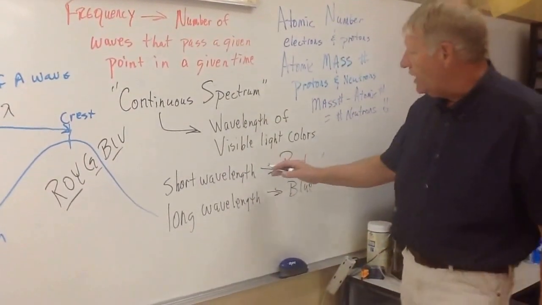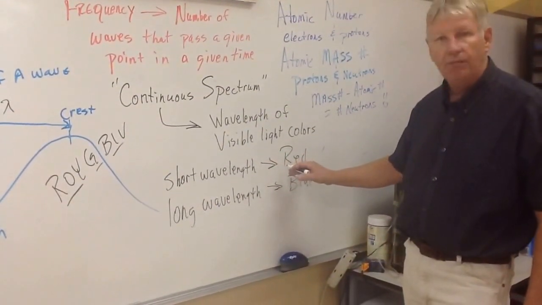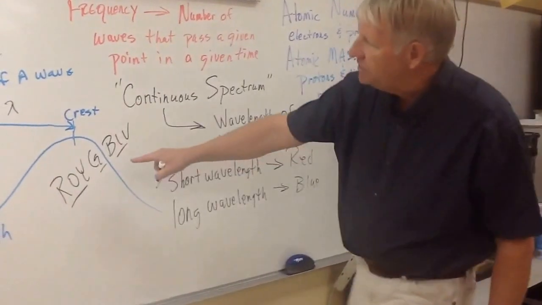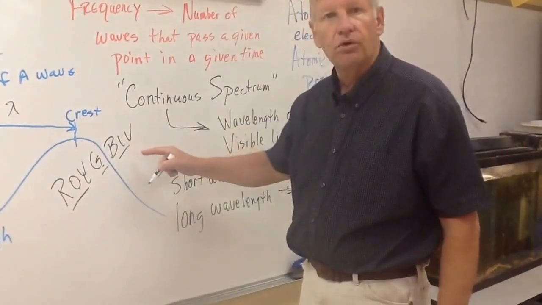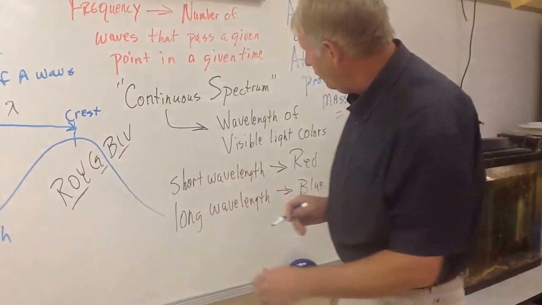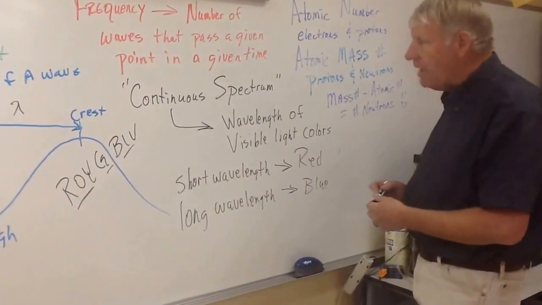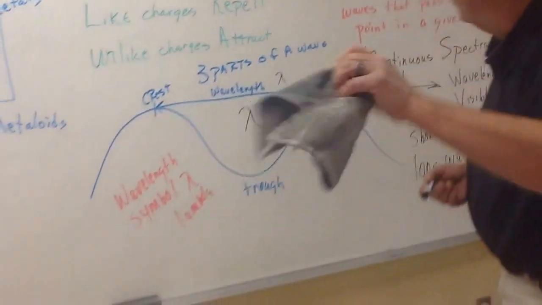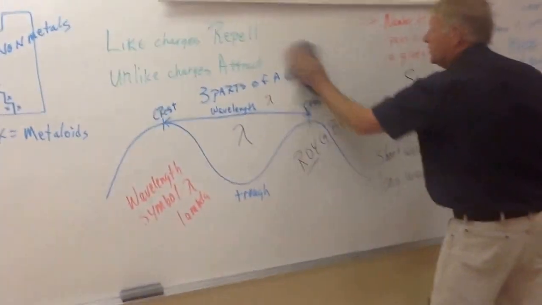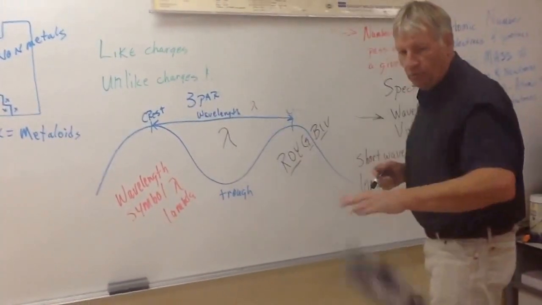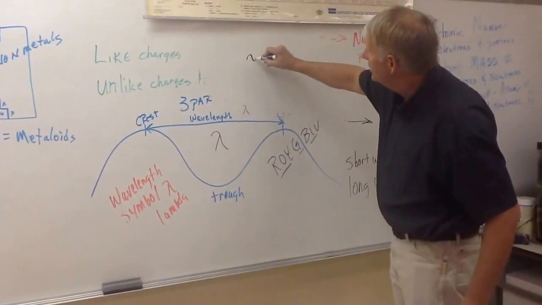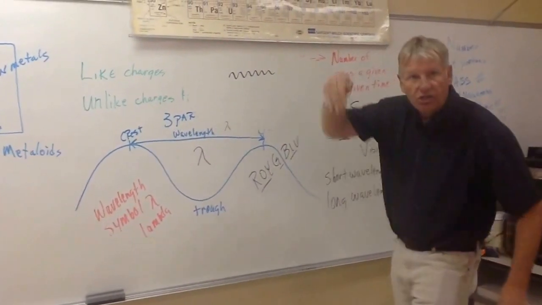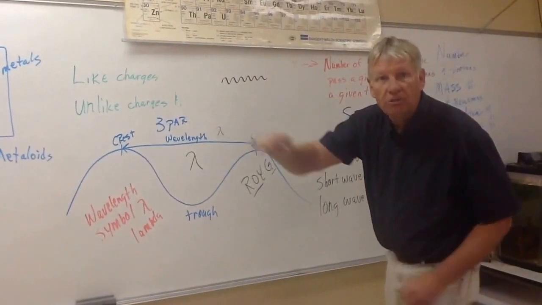Now, the short wavelength colors are red. This is the order that they go: red, orange, yellow. Short wavelength means those waves are short and they're kind of intense. When we see a red wave, we're seeing those little bitty short waves, much more intense.